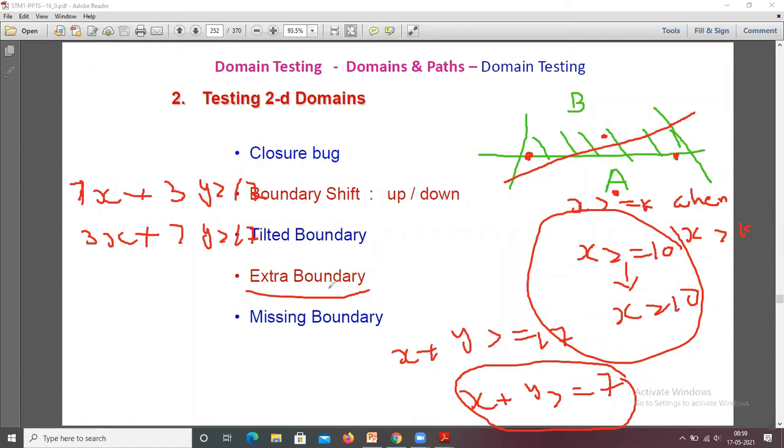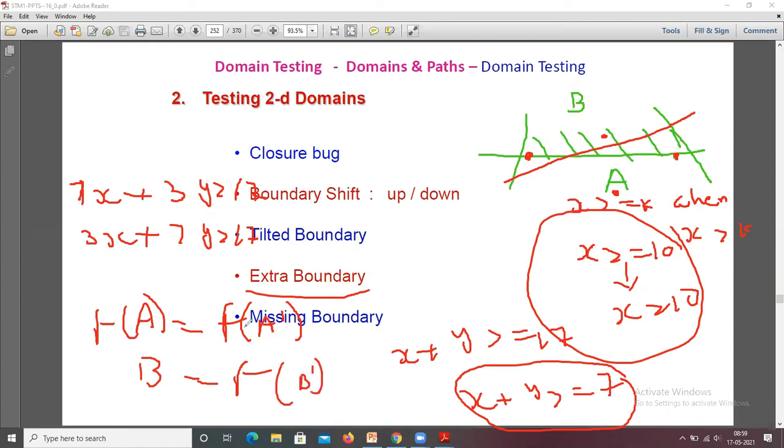For example, f of a equals f of a dash, and instead of only finding a with a dash, you are going to find the function of b with the function of b dash. Now this is the extra boundary.